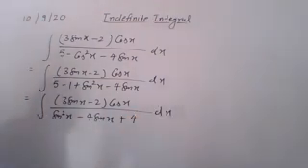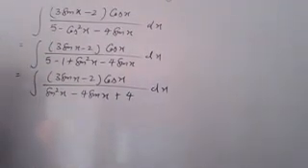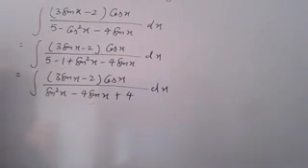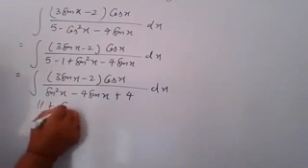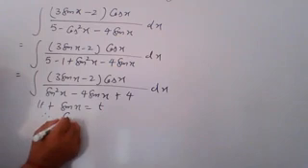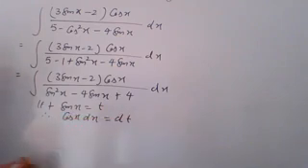Now what you do? Here you take substitution. First you have to bring it to that form. So here you substitute sin x is equal to t. Let sin x is equal to t and differentiate it. So you have cos x dx is equal to dt.